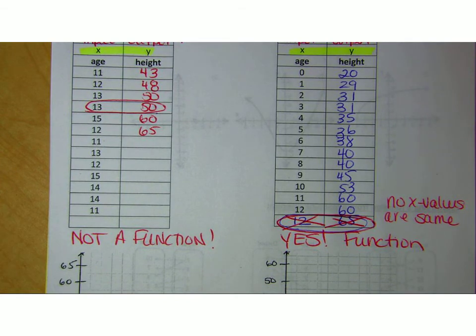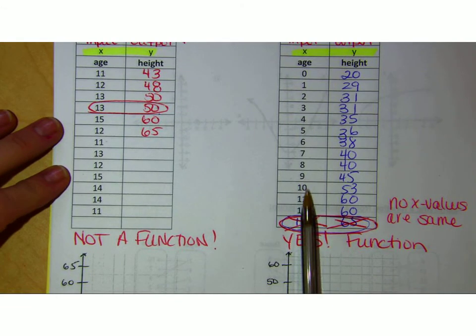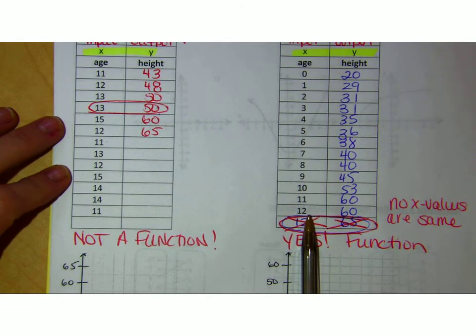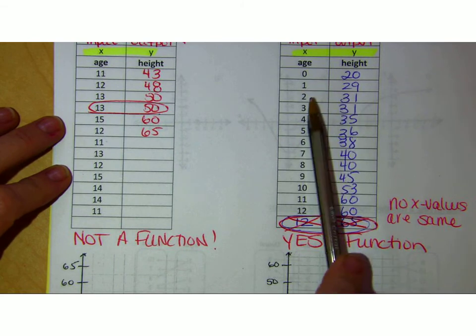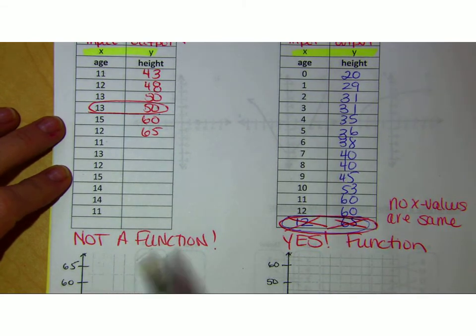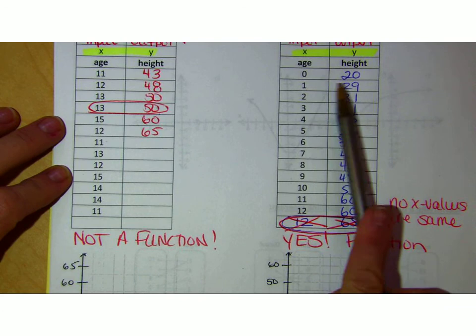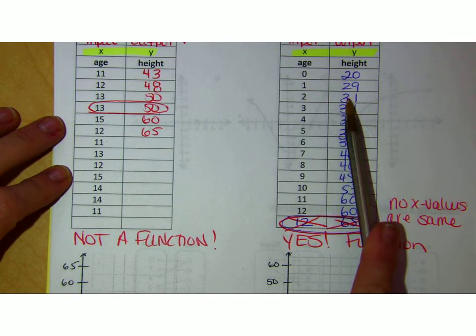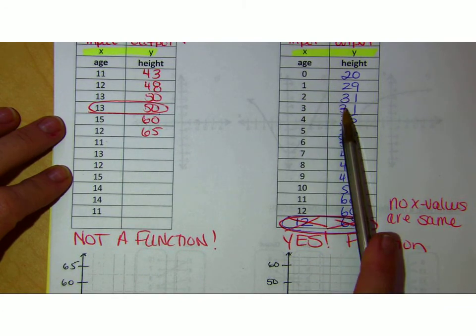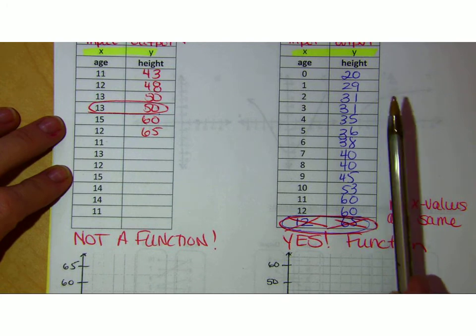The fancy way to say it is every single input is paired with only one output. Meaning I'm pairing this one with this, 2 is paired with this, 3 is paired with this. Sometimes each of these, like these, can repeat.